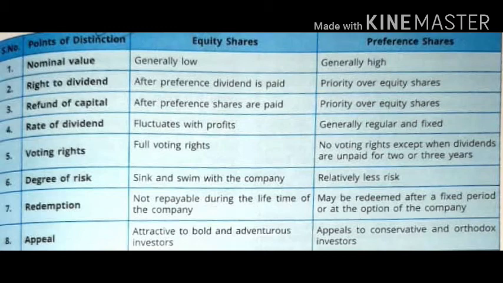Next is degree of risk. Equity sinks and swims with the company, and preference shares have relatively less risk. Redemption: equity shares are not repayable during the lifetime of the company, and preference shares may be redeemed after a fixed period or at the option of the company.